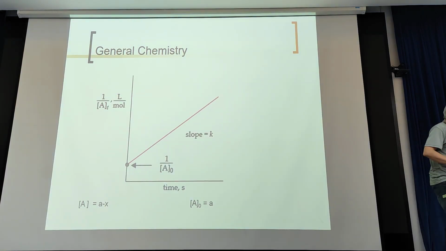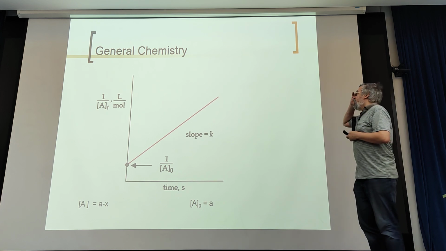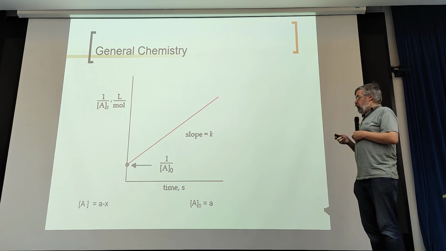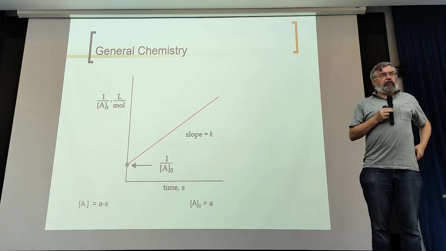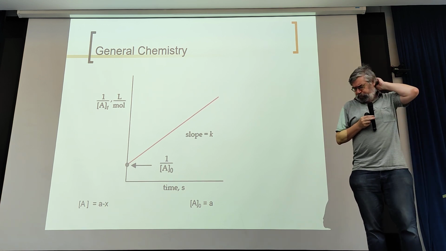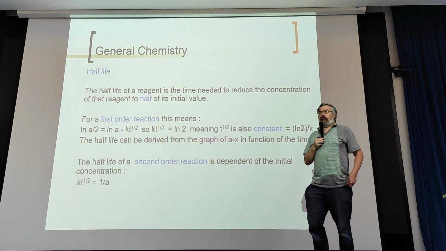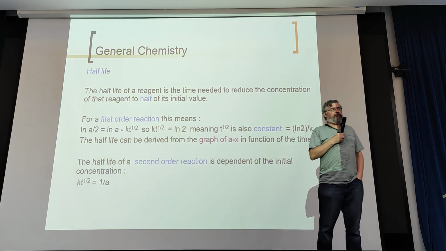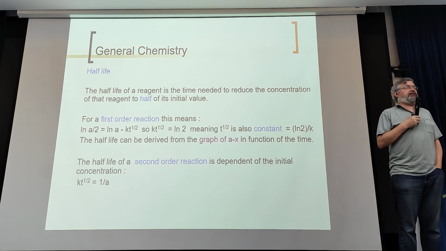Okay, let's go back to the kinetics. So, we ended with this treatment of first and second order kinetics. I already mentioned to you some information about half-life, and now I think we can look at more details.